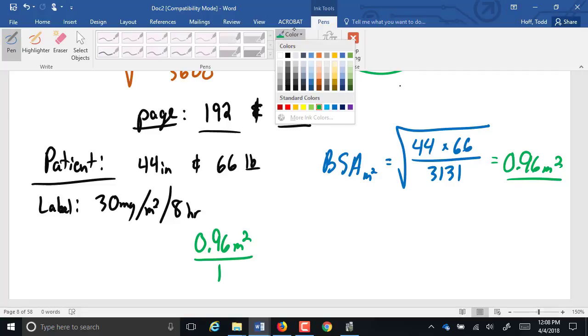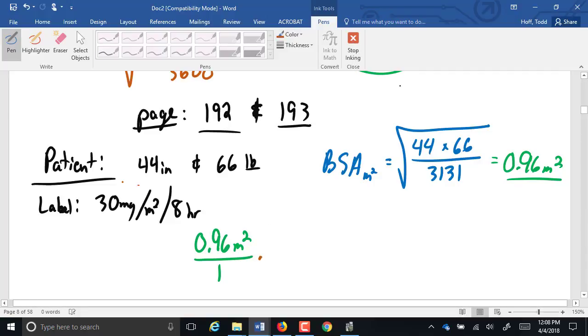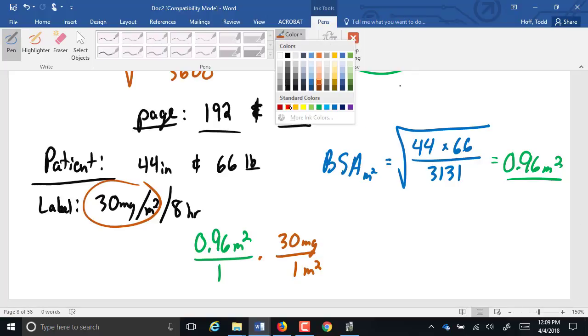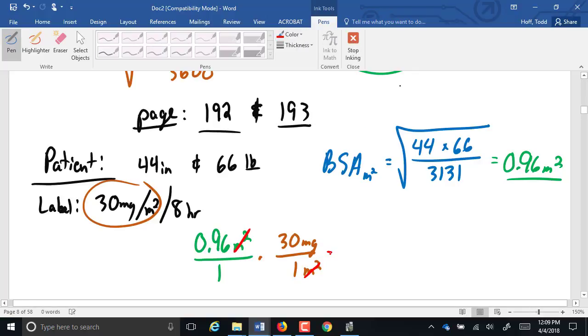So that's where we're going to start out our calculation for our dosage. 0.96 meters squared. We have 30 milligrams per meter squared, so meter squared on the bottom. Per meter squared implies the 1 meter squared, 30 milligrams. Meters squared cancels out. 0.96 times 30 is 28.8 milligrams over 1, so that's just 28.8 milligrams.